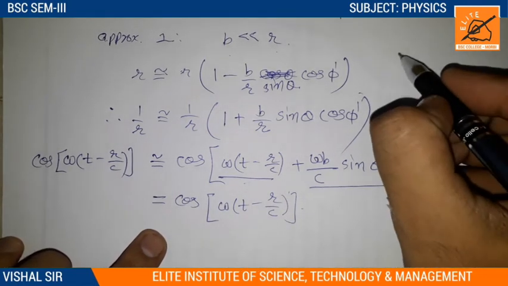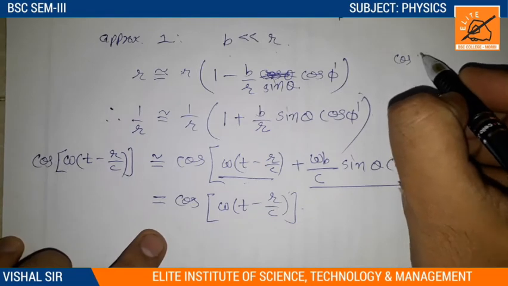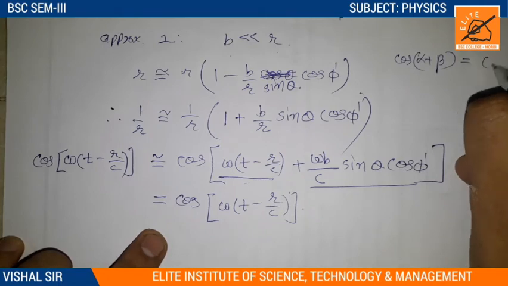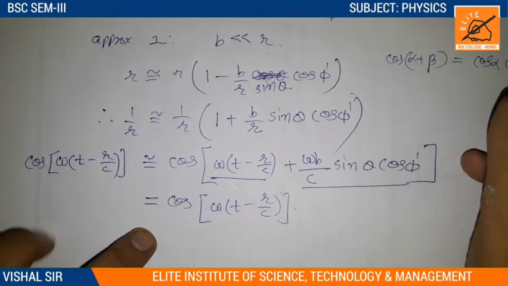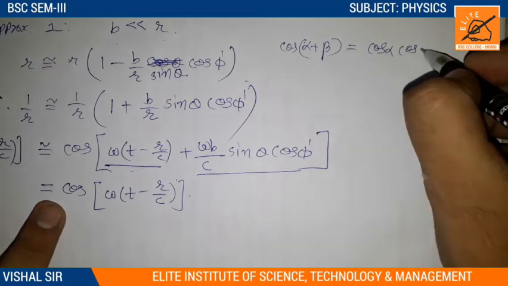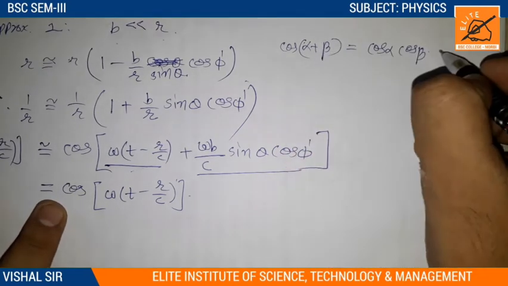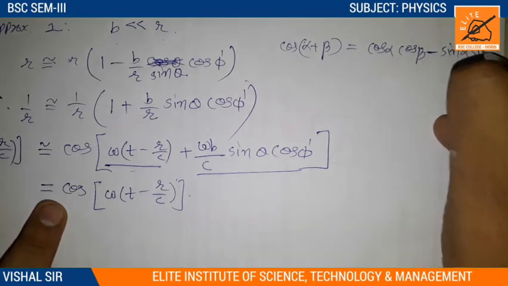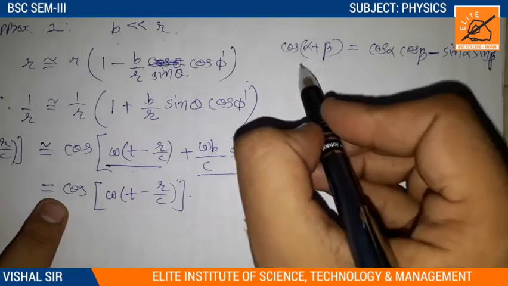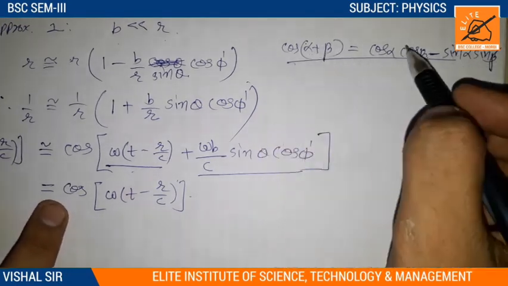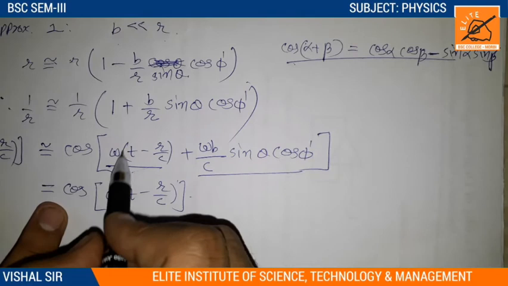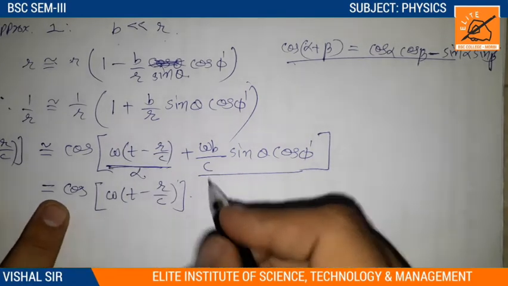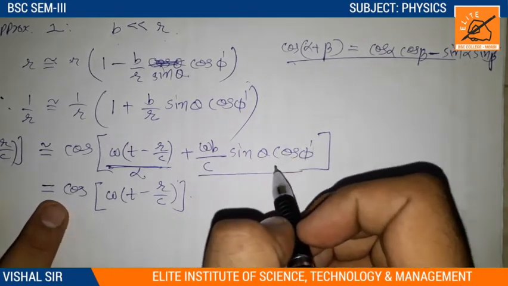Okay, so we know that cos alpha plus beta is equal to cos alpha cos beta minus sin alpha sin beta. Okay, so this is the formula we are applying here, and omega into t minus r upon c will be taken as alpha, and this one is taken as beta.